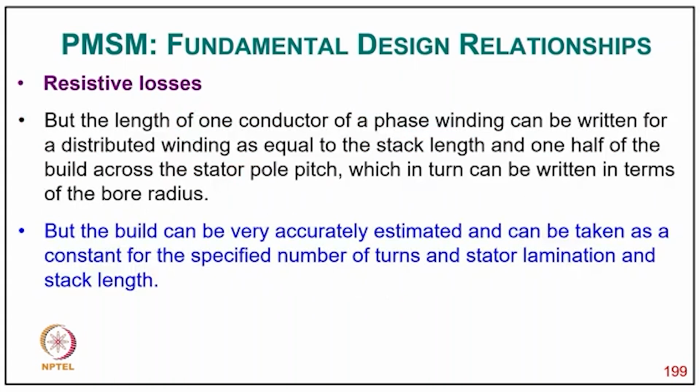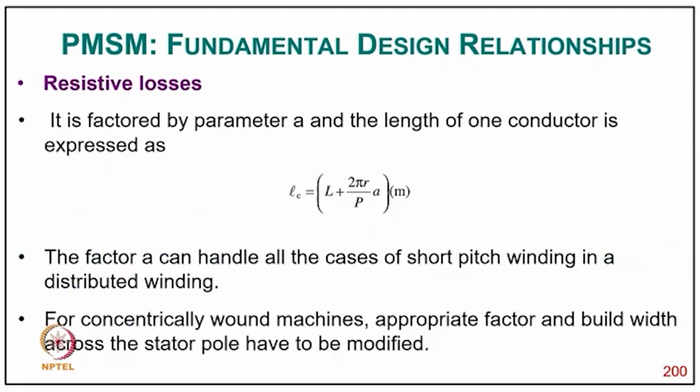But the length of one conductor of the phase winding can be written for a distributed winding as equal to the stack length and 1/2 of the end turn build across the stator pole arc, which in turn can be written in terms of the bore radius. But the build can be very accurately estimated and can be taken as a constant for the specified number of turns, stator laminations and stack length.